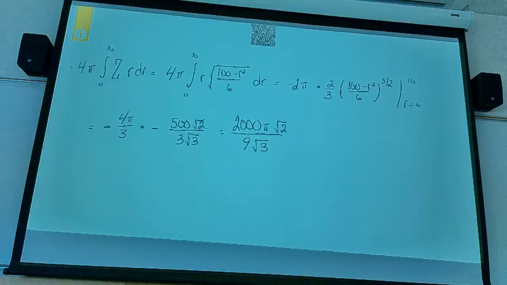If you multiply 3, it's going to be what? 2,000 pi root 6 over 27. You rationalize.